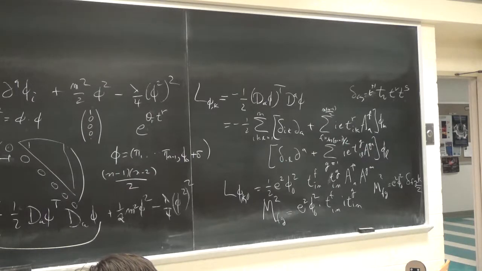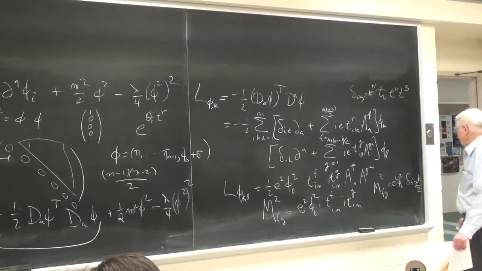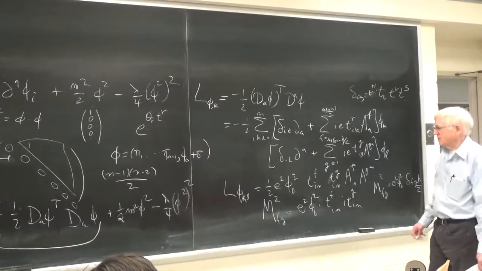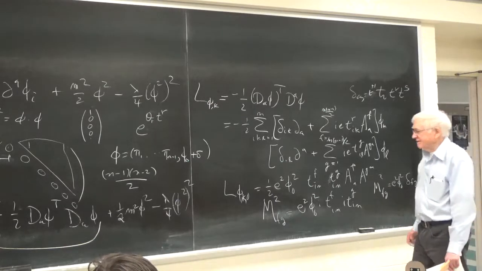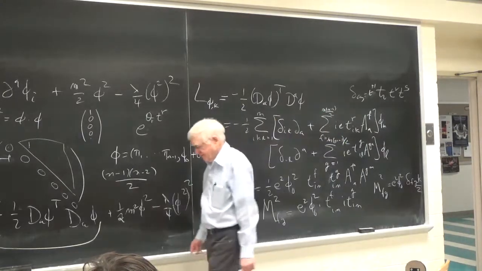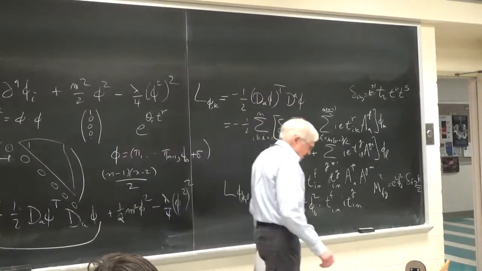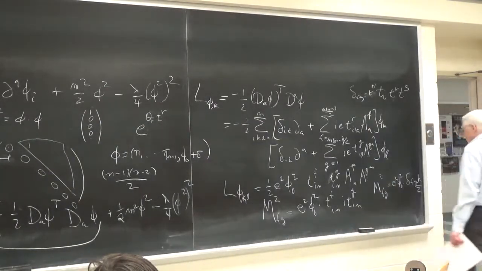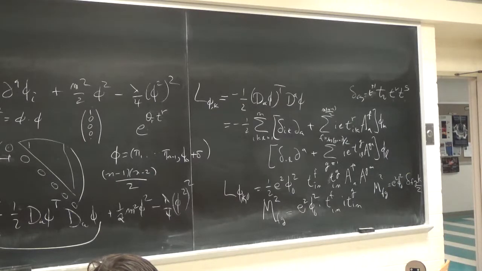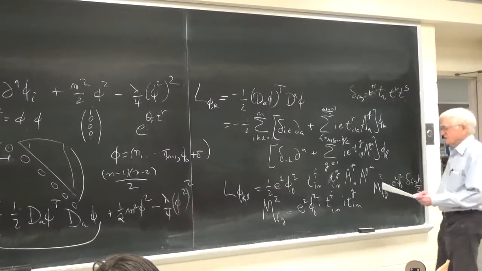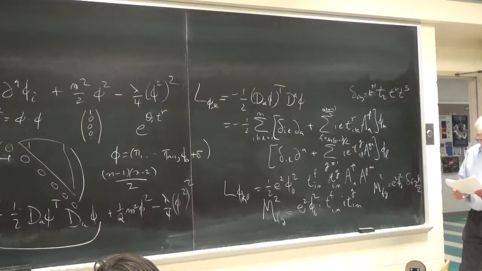So let's see, I don't have the numerology perhaps worked out exactly. In any event, some of the gauge bosons are massive, at least n minus 1 of them, possibly n. One of the scalar fields is massive, and many of the gauge fields remain massless. So it's a mixed picture.